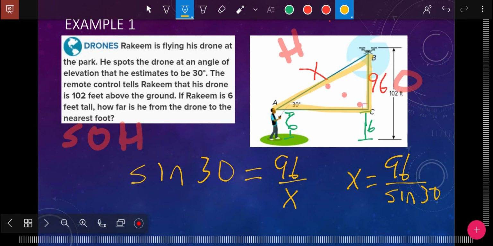I do 96 divided by sine of 30. And this is a good time to test your calculator. Is your calculator in the right setting? If you get 192, then your calculator is in the right setting. If your calculator is not in the right setting, you should switch it into degree mode from radian mode.